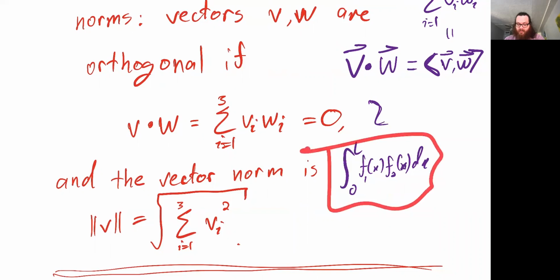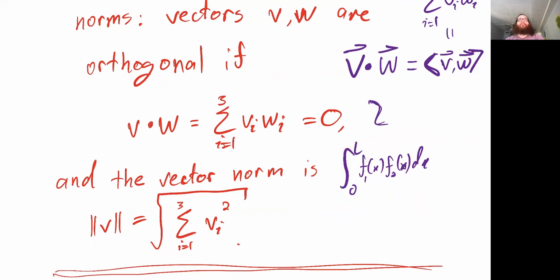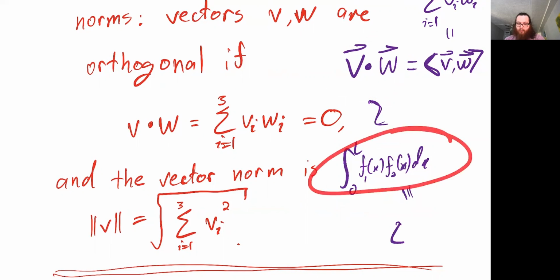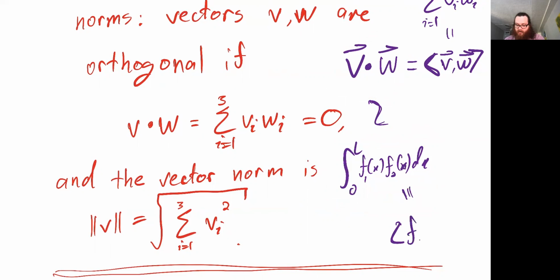So we refer to this as an inner product or dot product for functions, similar to the dot product for vectors. To drive that analogy home, this integral we would also express as the inner product of f1 and f2.